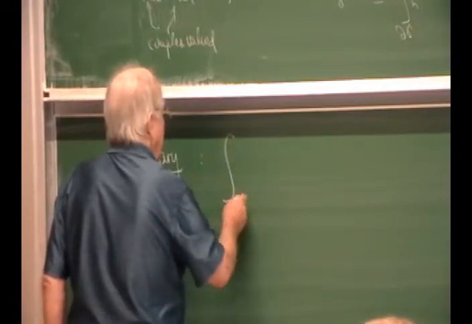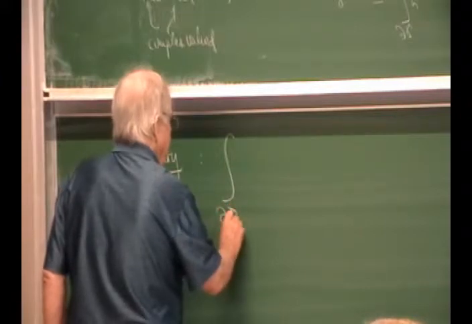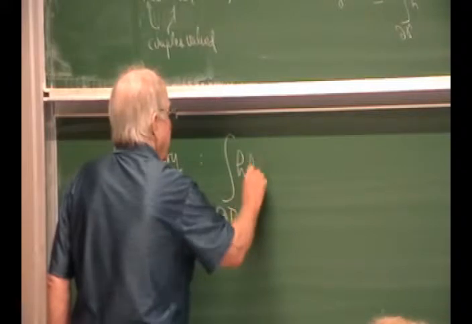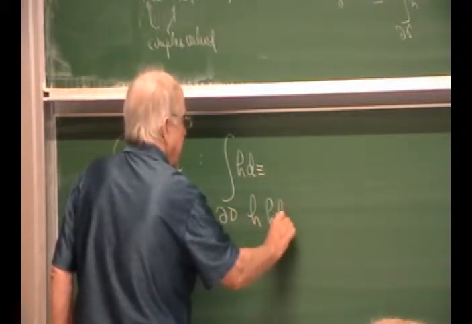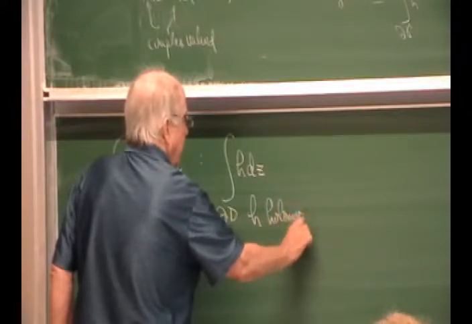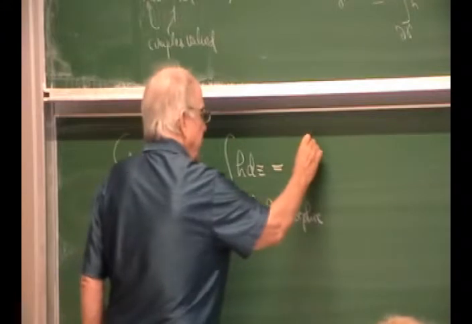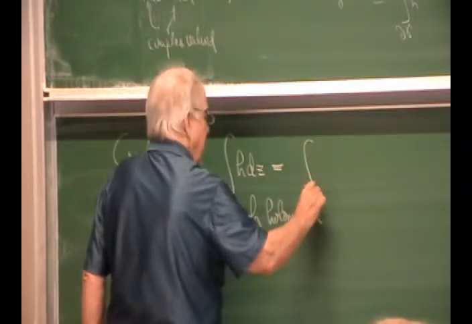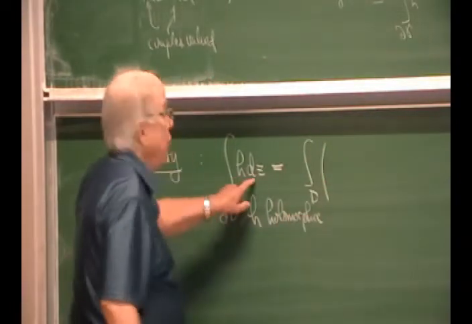The integral over the boundary of D of H dz, where H is holomorphic, is, now let's just use the philosophy, the integral over D of, now let's see, what do I have to do?